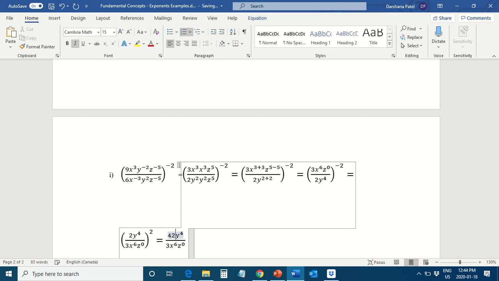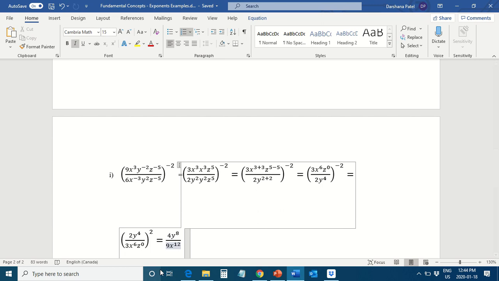Y to the 4 squared will give us 4 times 2, which is 8. 3 squared will give us 9. X to the 6 times 2 will give us 12 there in the exponent. And z to the 0 times 2 will be z to the power of 0, which is basically 1. So if you notice, I don't have z anymore because z to the power of 0 ends up being 1. So this will be our final answer.